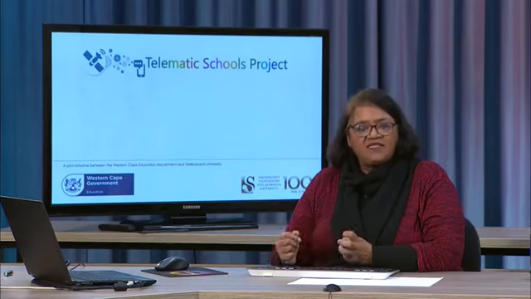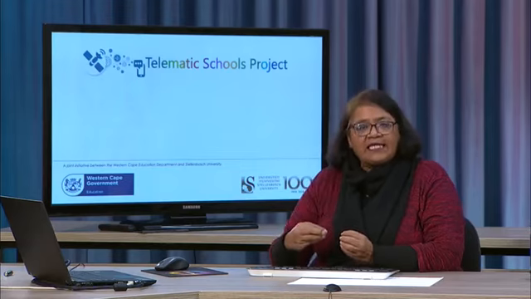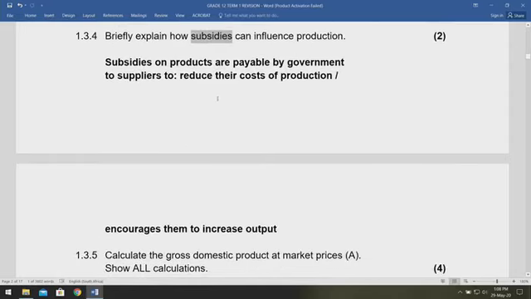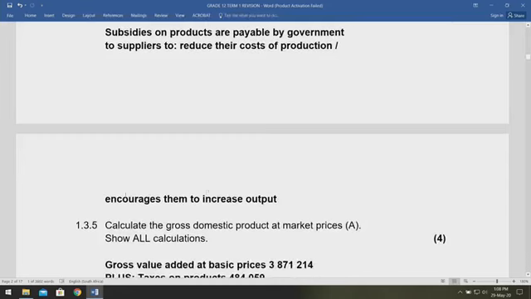Alternatively, you could also use the extra funds that you have to increase the capacity of your production. So if you think of how it influences production, there are 2 things that happen here. You can either reduce your cost of production, or it encourages producers to increase output.